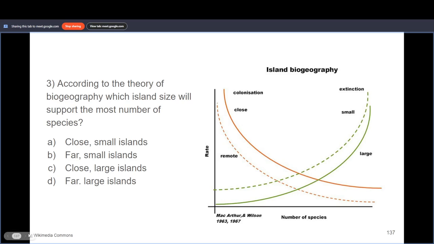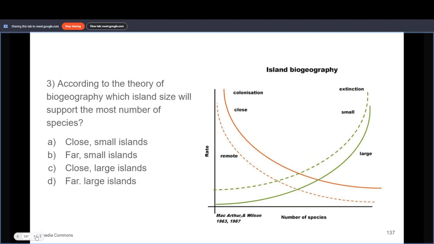On this particular point, let me just bring the pointer on top. So if you see my pointer out here with this intersection of close and large, so close large islands have the highest number of species, right?